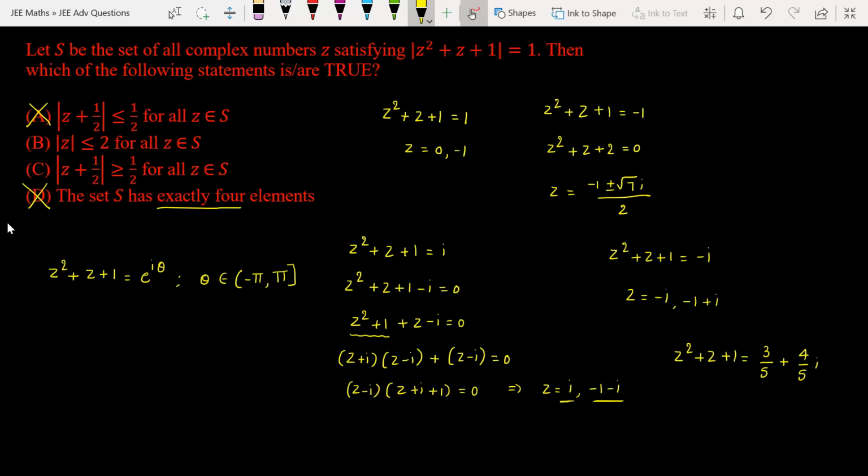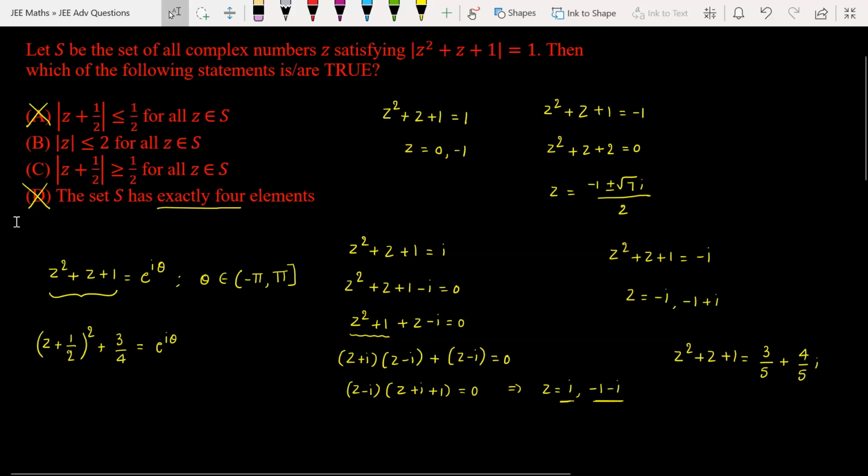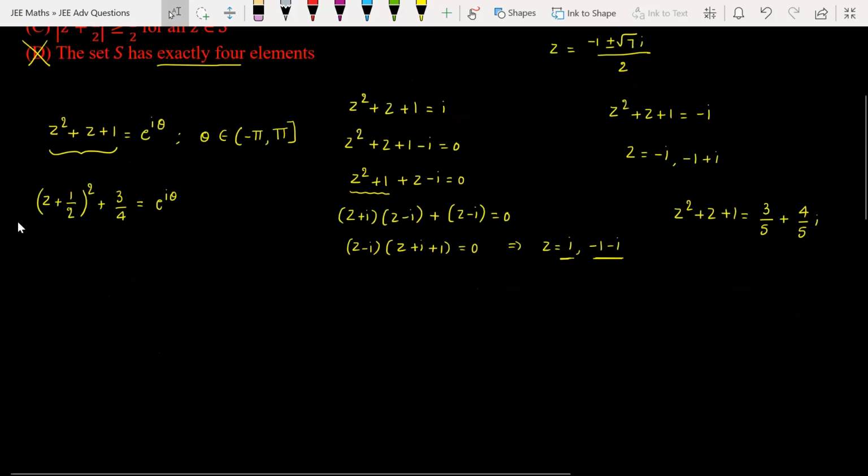We can write this as z plus half whole square plus 3 by 4 is equal to e power i theta. Now from this, we have z plus half whole square is equal to e power i theta minus 3 by 4.